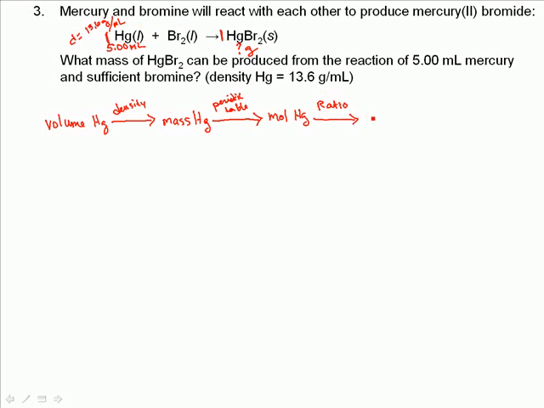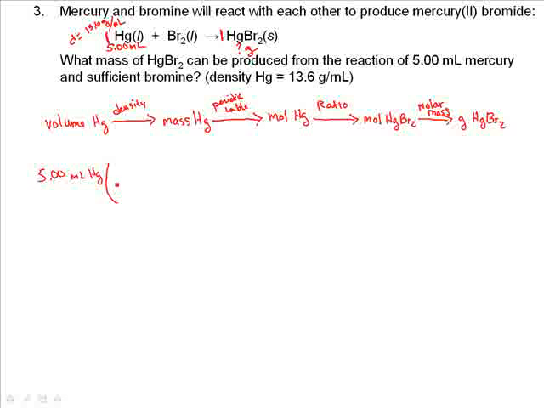So ratio to get to moles of HgBr2. And then it wants to know what mass, so you convert to grams of HgBr2, mercury bromide. And I'm just going to start saying molar mass instead of periodic table. Molar mass.